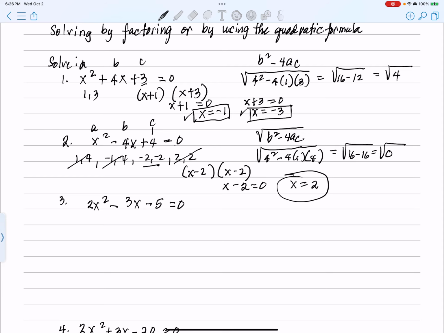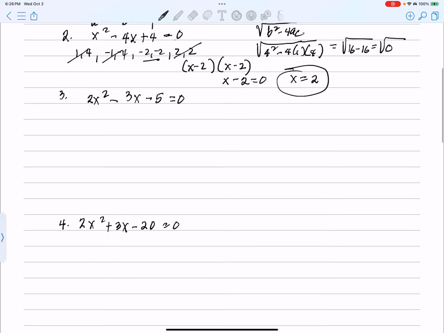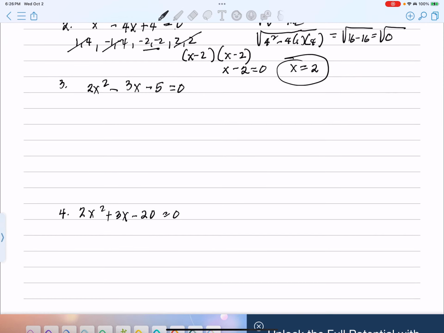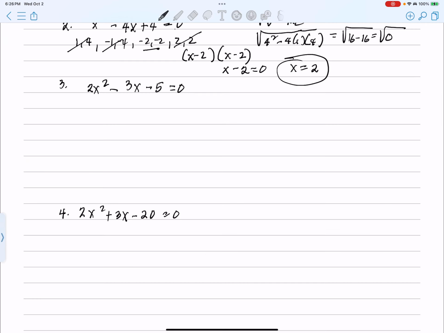Alright, let's do the third one: 2x squared minus 3x minus 5. Let's do b squared minus 4ac to check. This is our a, this is b, and this is c. So substituting, b is negative 3 squared minus 4 times a, 2, times c, negative 5.